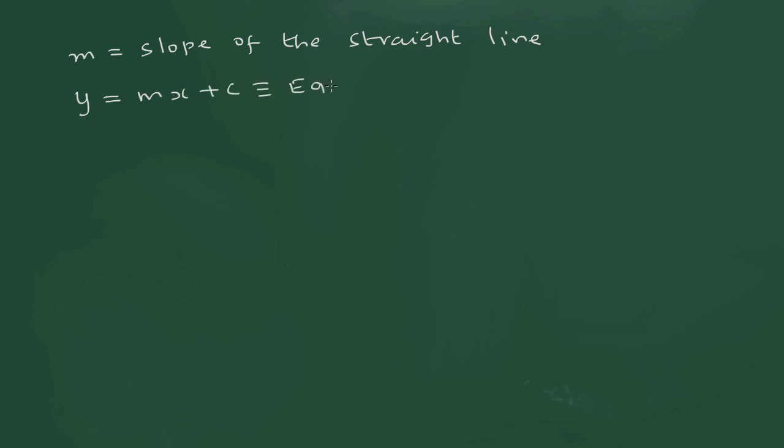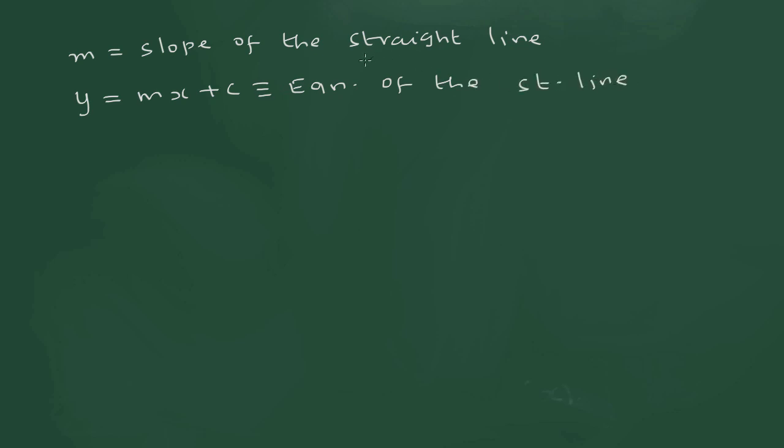Now, in the equation, m is known as the slope of the straight line. You should remember one thing, that when we write y equal to mx plus c, this is known as the equation of the straight line.